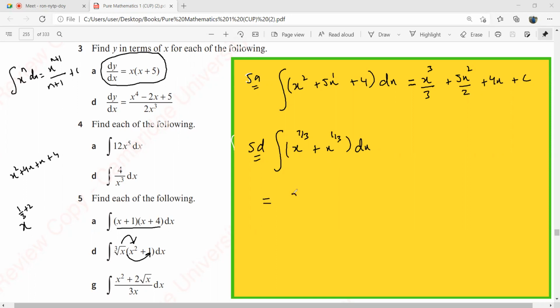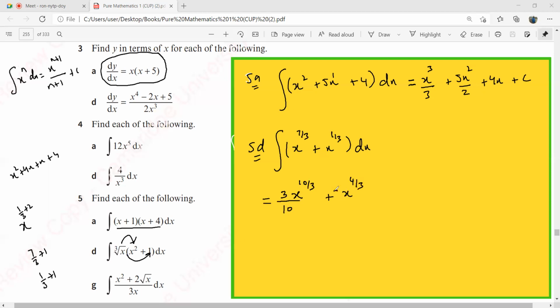This is equal to x raised to, now, you must know what is 7 over 3 plus 1. That is going to be 10 over 3. And please let me write here 3 over 10. I hope you understand why I'm writing 3 over 10. And this is 1 over 3 plus 1, bacho, that is 4 over 3. x raised to power 4 over 3.